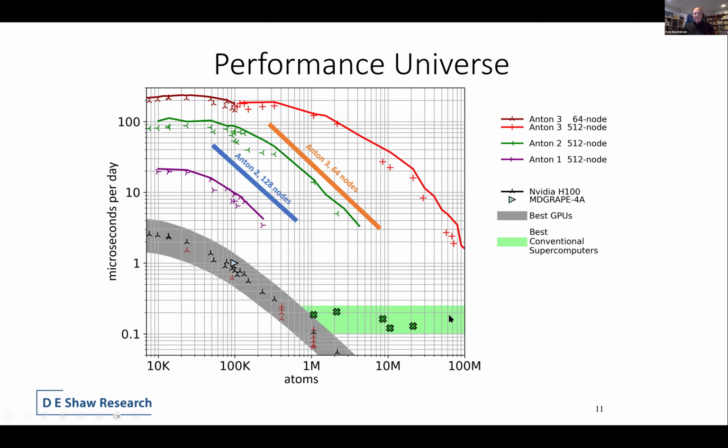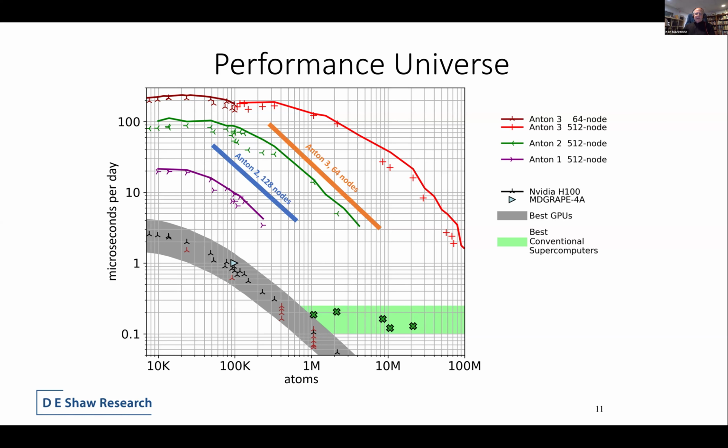And then the other kinds of machines in the universe are supercomputers like Summit, which are really also using GPUs, but they're using an awful lot of them connected by some general purpose network like InfiniBand. And they can run very large things. This actually goes all the way out to 1 billion, I think. But for speed, they kind of stink.